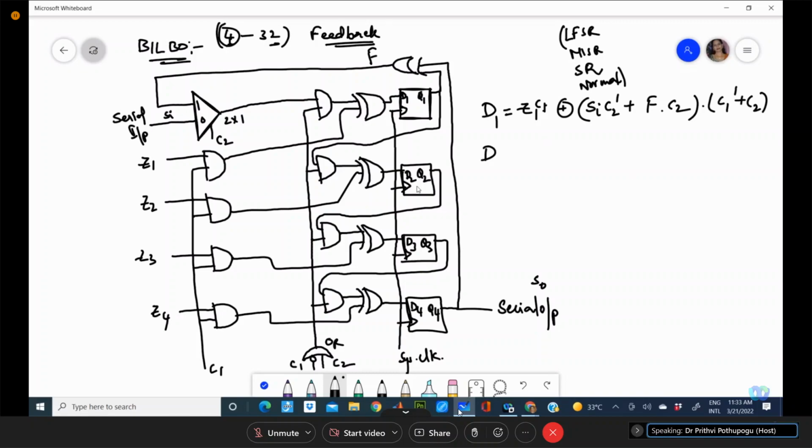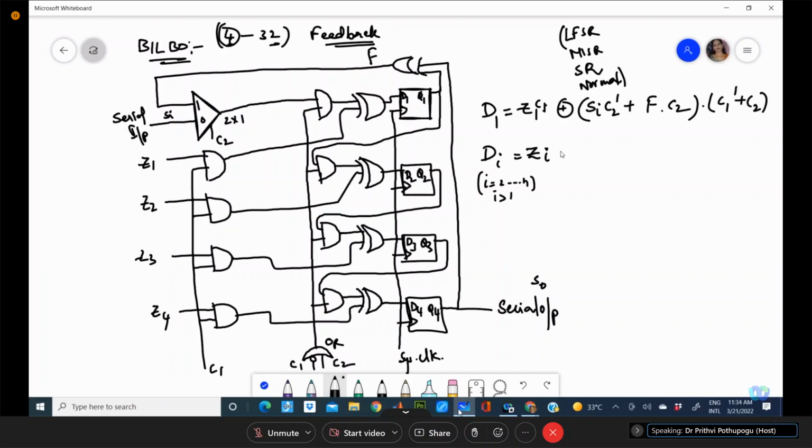Then later, D of I, where I is 2 to N, anything you take. That means I is greater than 1, apart from 1, anything you can take. What is the equation we'll be getting? Corresponding Z of I: if it is D2, it will be Z2, D3 means Z3, for the D4 equation it will be Z4.